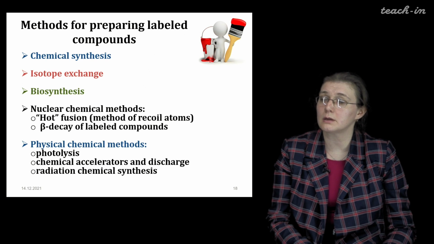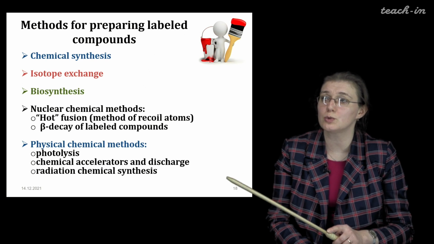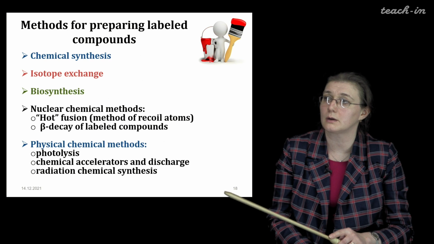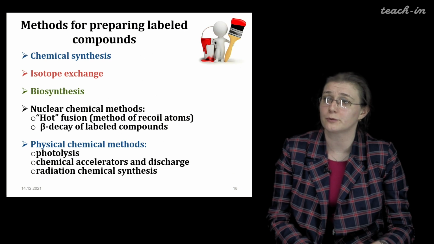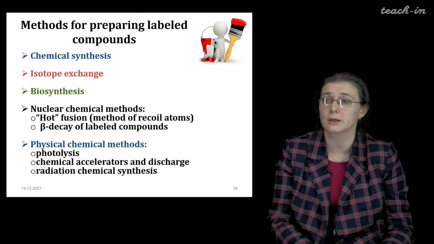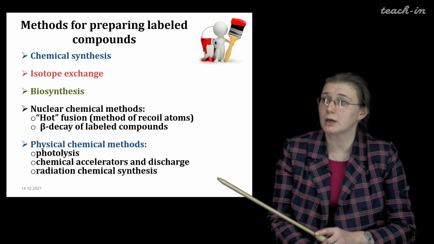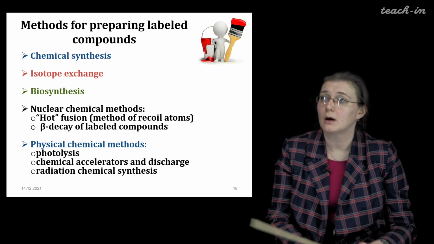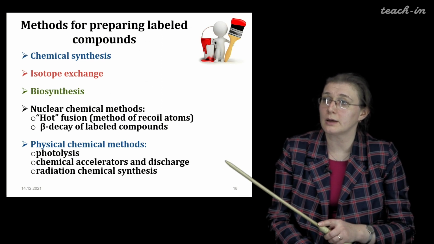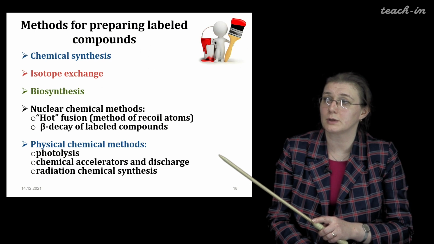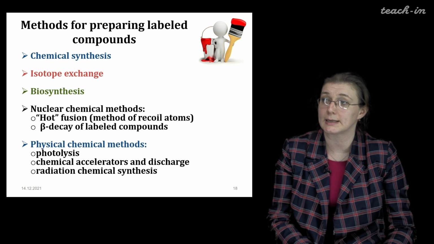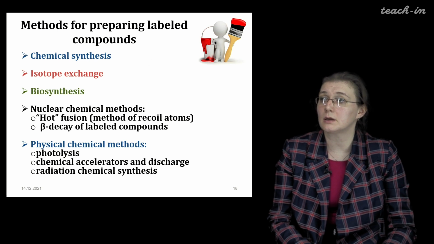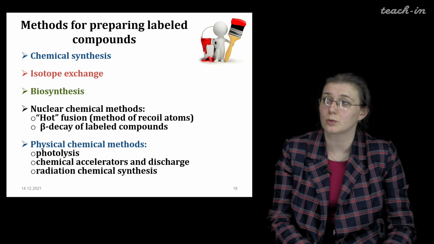And there are two groups, unusual for chemists, of preparation of labeled materials, which are nuclear chemical methods that use either hot fission or the method of recoil atoms, and beta decay of labeled compound.